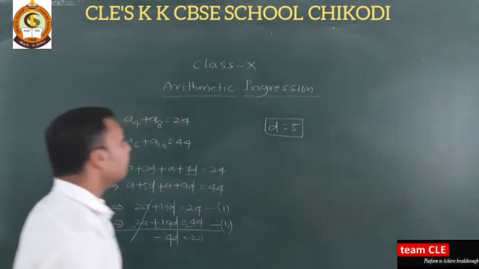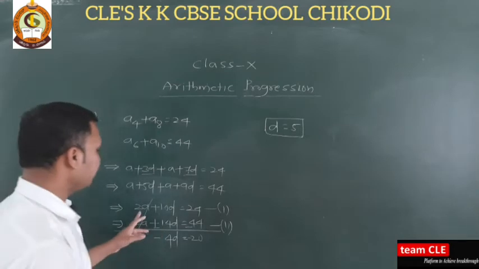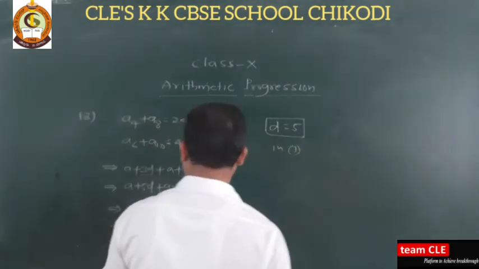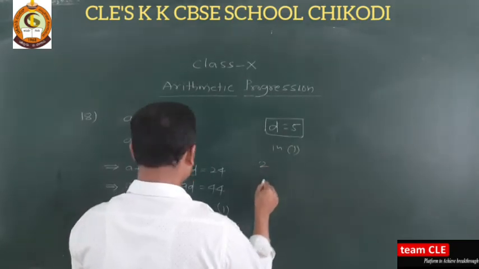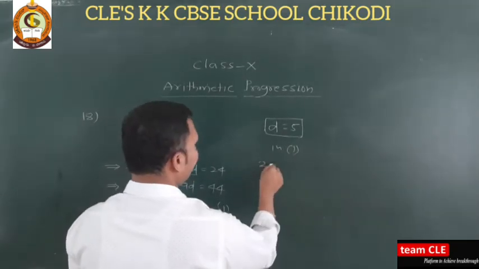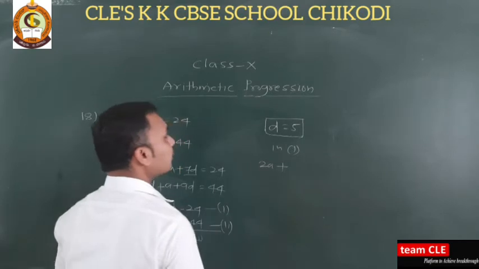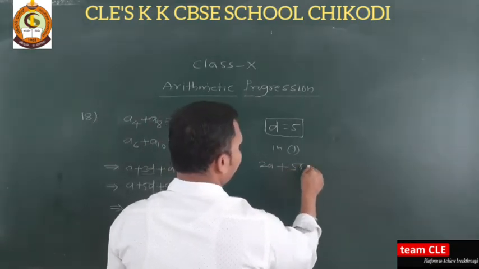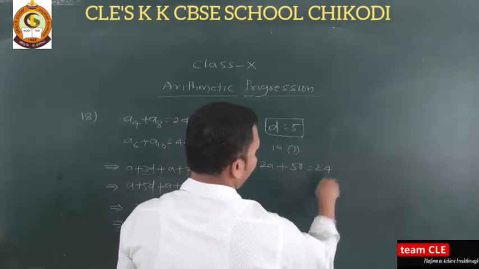Now we need to find value of A. It is very easy. So substitute in equation 1. Now this is 2 into A we need to find. A keep as it is plus 10 into D, 10 5s will get 50. So this becomes 24.